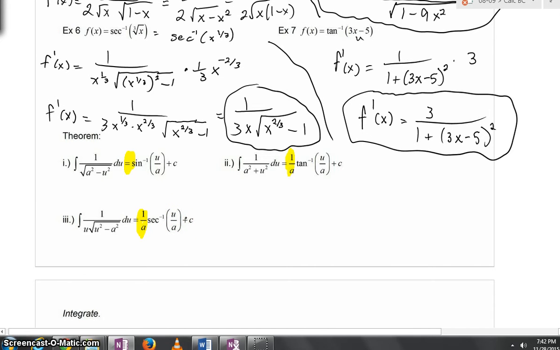What is super important for you to notice is that number 1 does not have a 1 over a out in front. This is not a typo. This is, in fact, the one of the 3 inverse trig integrals that does not have a 1 over a out in front of it.